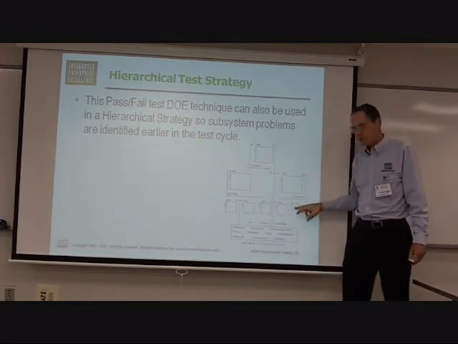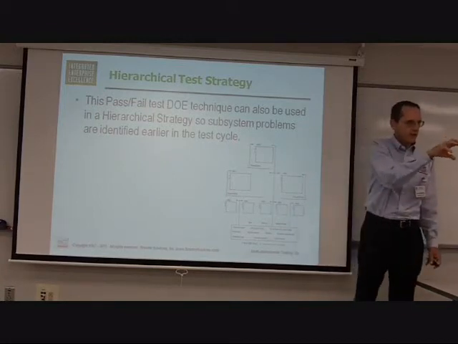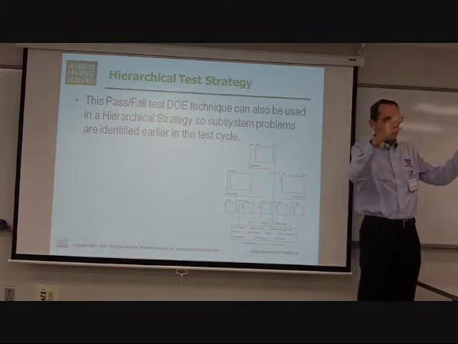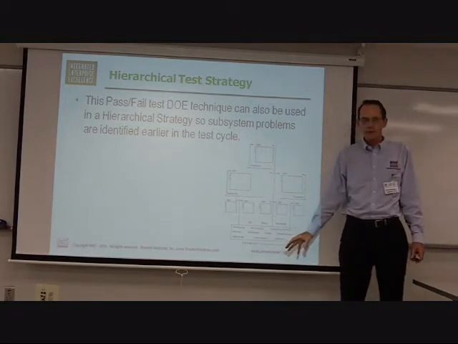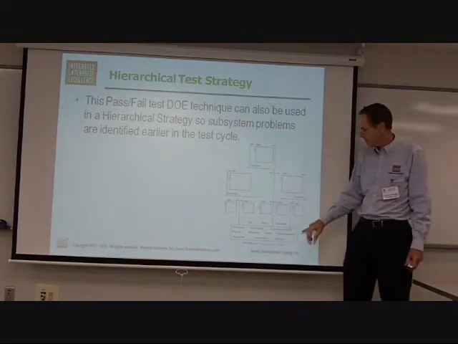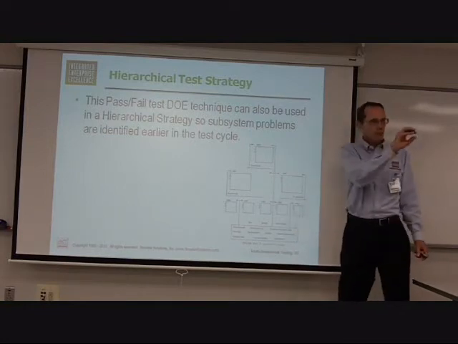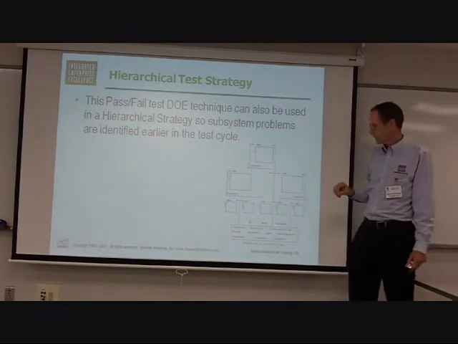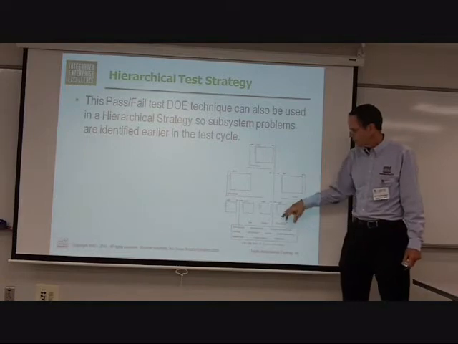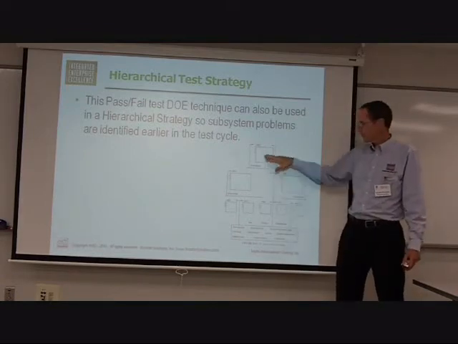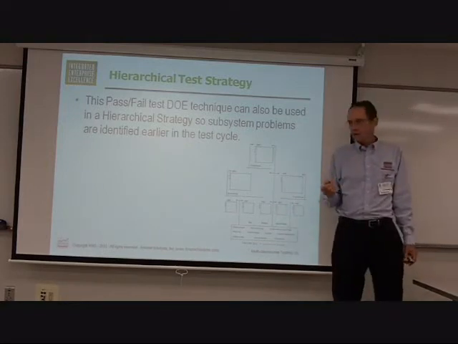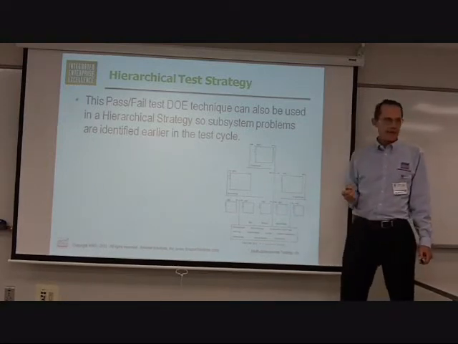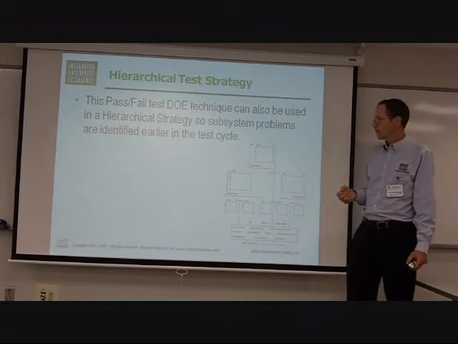And so now you can build your factorial matrices to make sure that each works by itself, as opposed to waiting until the end and then finding out, well, way down over here, I've got a problem. So you can run these factorial matrices in portions of your system. And then you start putting those together and building it up to the overall system test. So that's another way of approaching it systematically, on how you can put it all together.